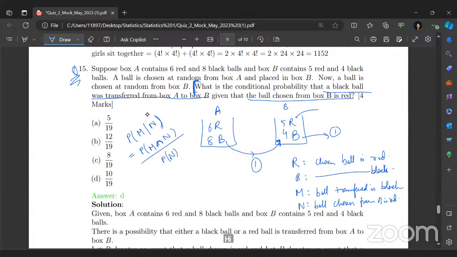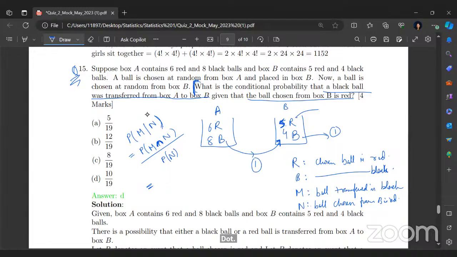And you have to, okay, so you can write this as probability that M intersection N, right?